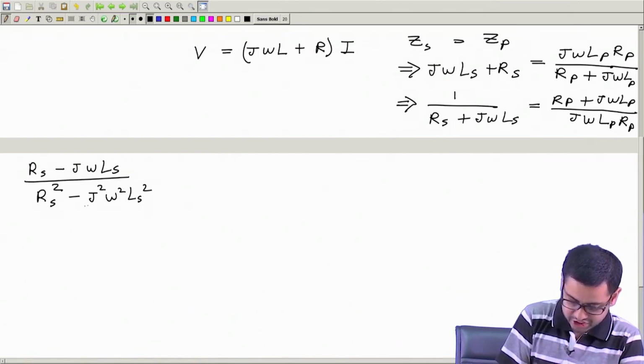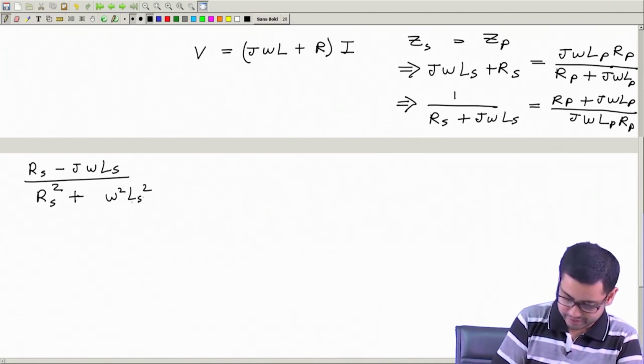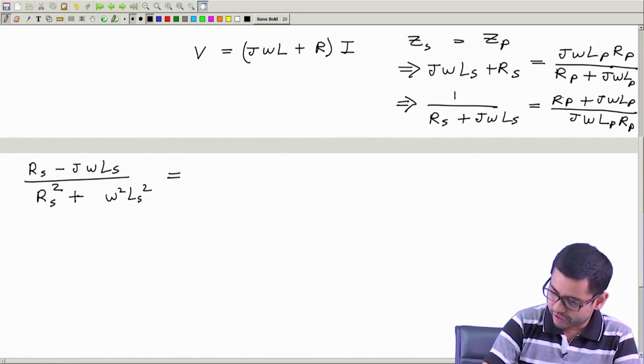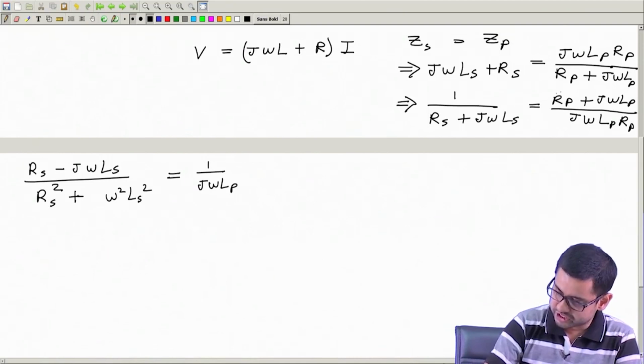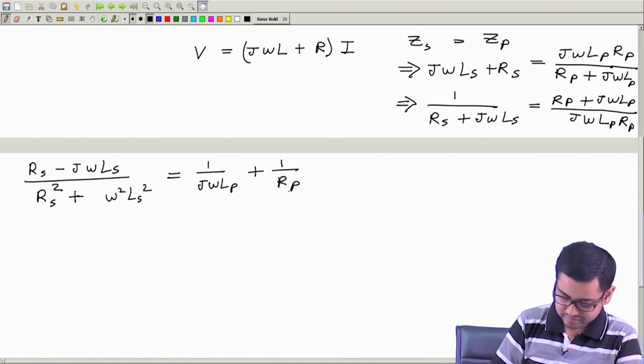Now, minus j square is same as plus, because j is root over minus 1, and the right side will be, if I divide Rp by this, I will have 1 over j omega Lp, this is the first term, plus the second term will be j omega Lp and j omega Lp will cancel, I will have 1 over Rp.